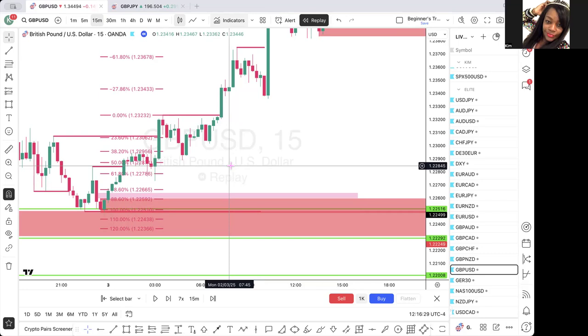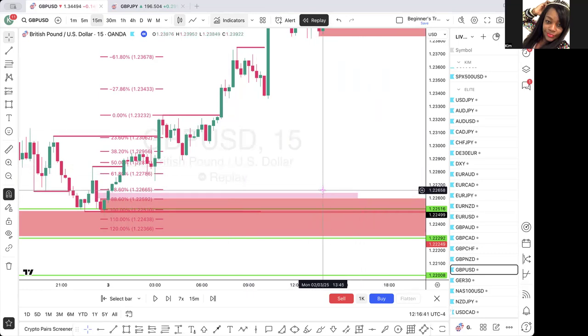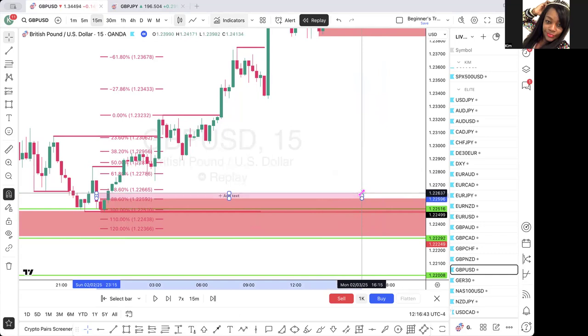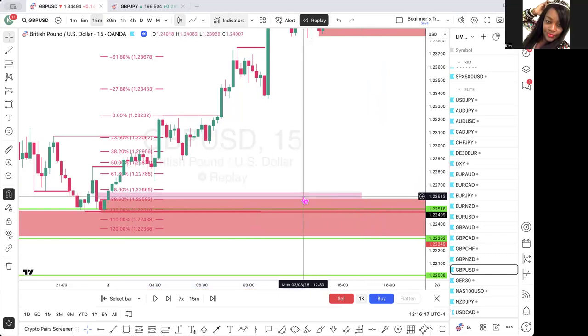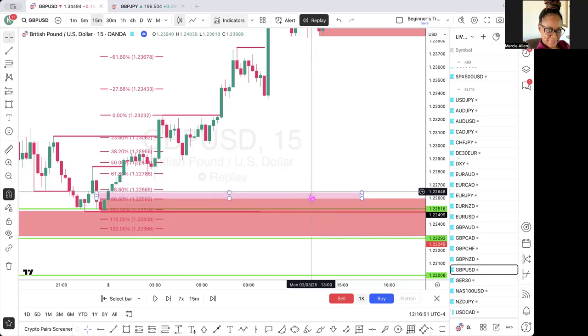No. So for confluence, when I'm looking for confluence, I'm looking for price to pull back to the 78 or the 88. If there's an imbalance or an order block, then that's more of a confluence for me.